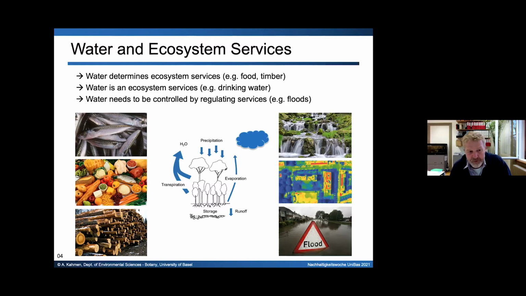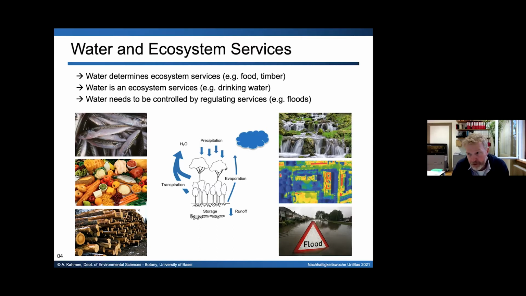But ecosystems do not only provide water as a service, ecosystems also can retain or control the flow of water, and by doing that, control water as a service or potentially as a threat. So as you can see easily, there are many processes in ecosystems that are tightly related to water that matter for us humans.